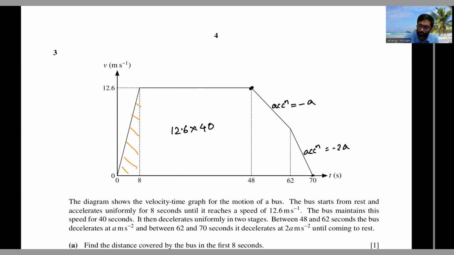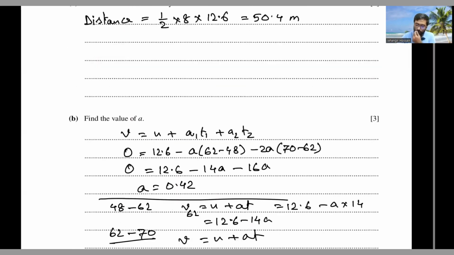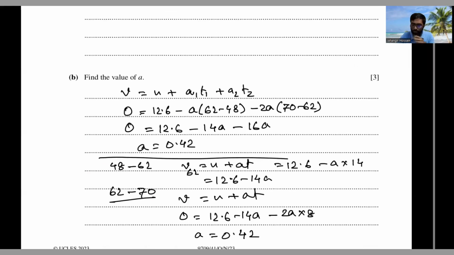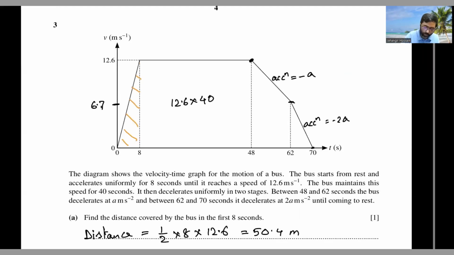And then the third segment, we have the trapezium. For the trapezium, the value of v here is 12.6 minus 14 into a, so it's 12.6 minus 14 into 0.42, which is equal to 6.72.